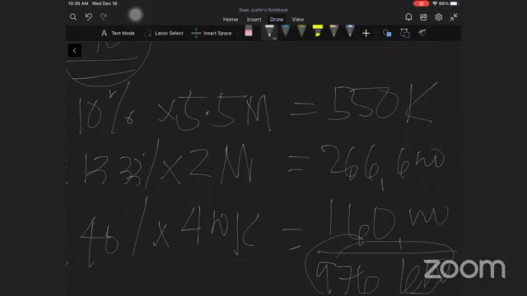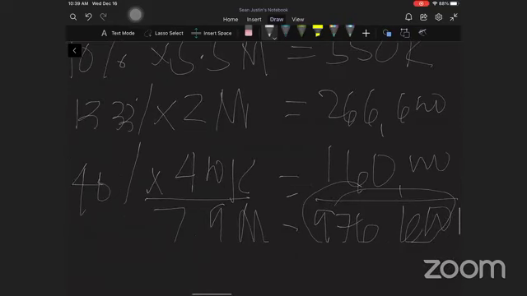How so? The formula: carrying amount is cost minus accumulated depreciation. The cost is 7,900,000, minus the accumulated depreciation of 976,600. Therefore, the carrying amount is 6,923,400 for year 1.